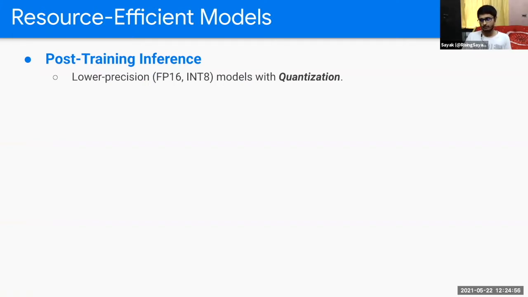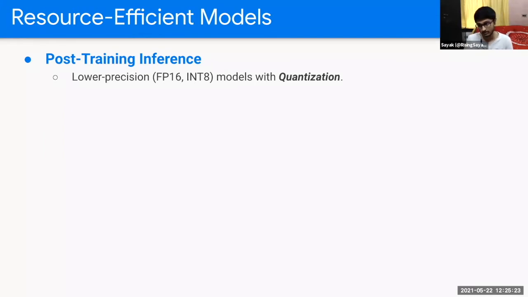So the first source of truth here is lower precision models with quantization. And by lower precision, I mean floating point 16, integer 8, and so on. Typically neural networks are trained using floating point 32 precision, and it's a no-brainer that using some lower precision to express all the model parameters will definitely result in a smaller model, right?